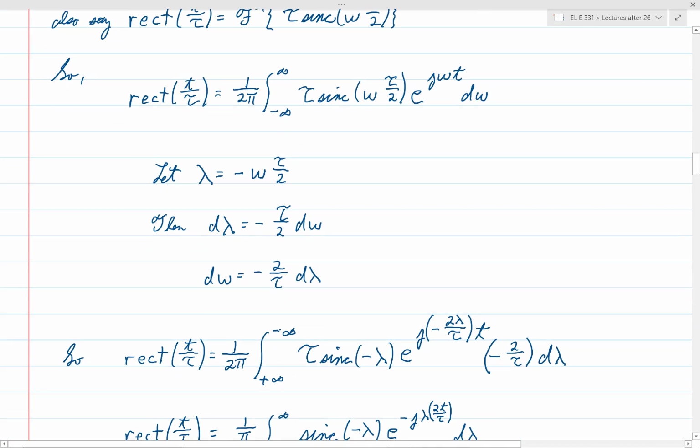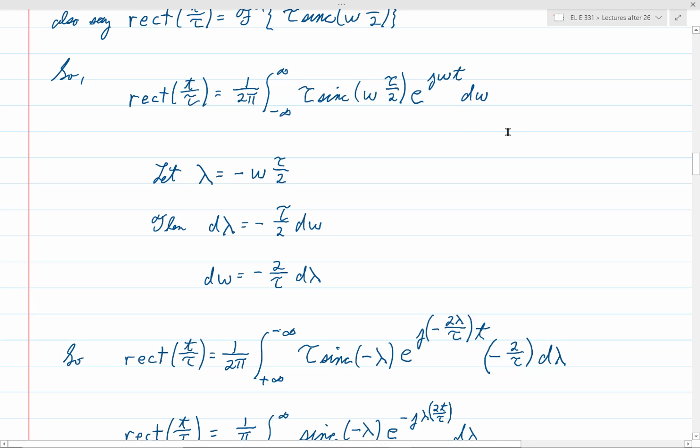Okay, now, in that integral, I have this omega tau over 2 right here, and I have omega appearing over here as well, and also in the exponent. So I want to define a new variable. Omega is just what people refer to as a dummy variable of integration.